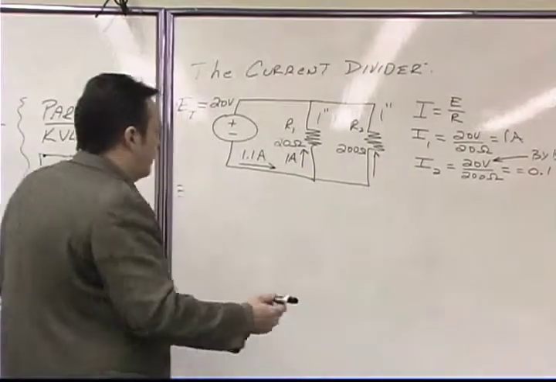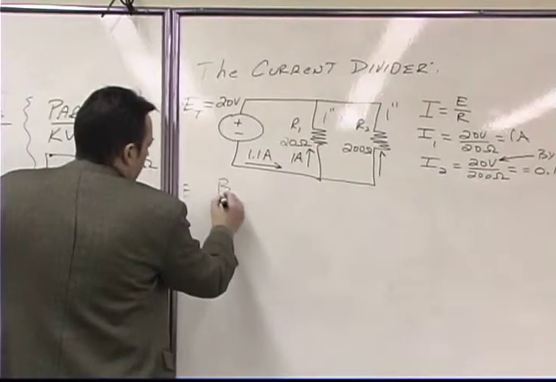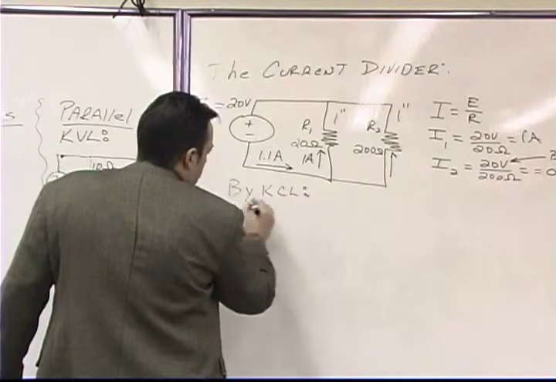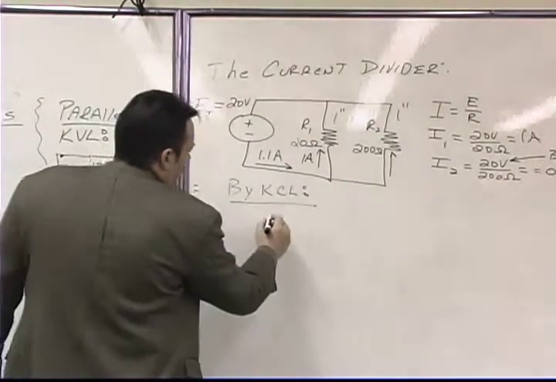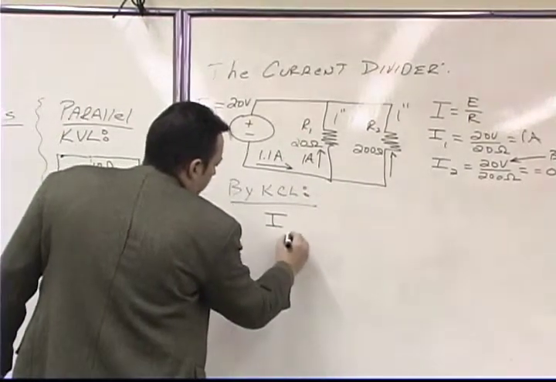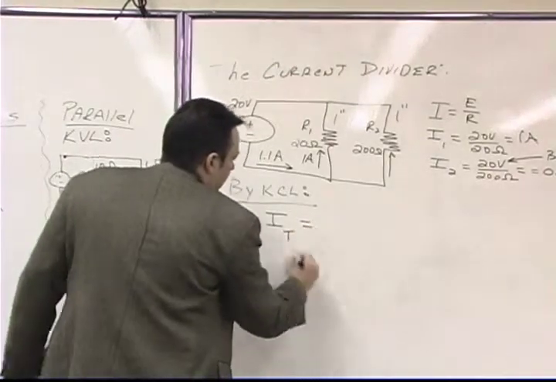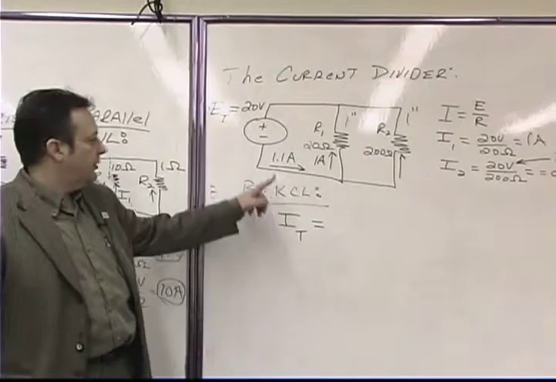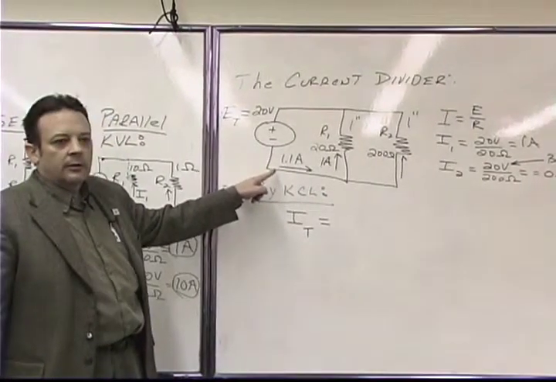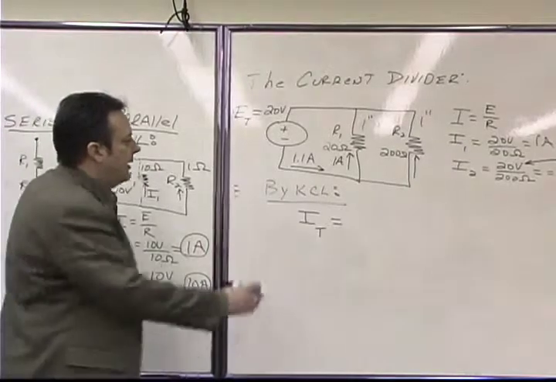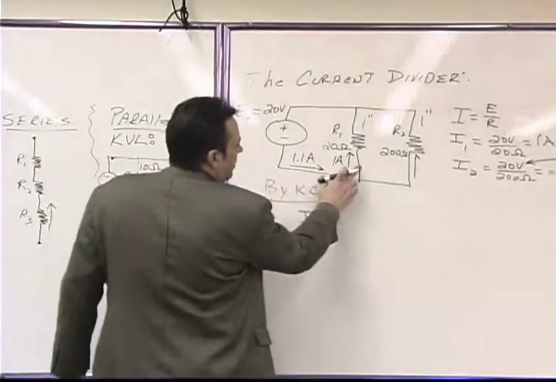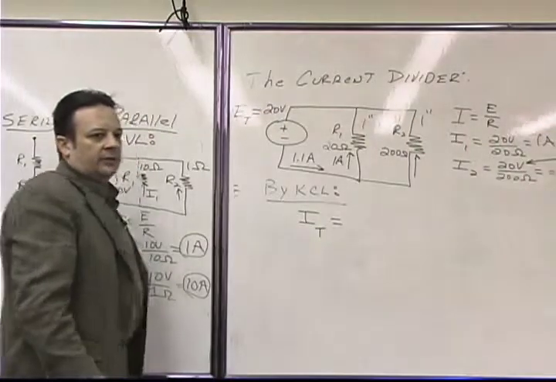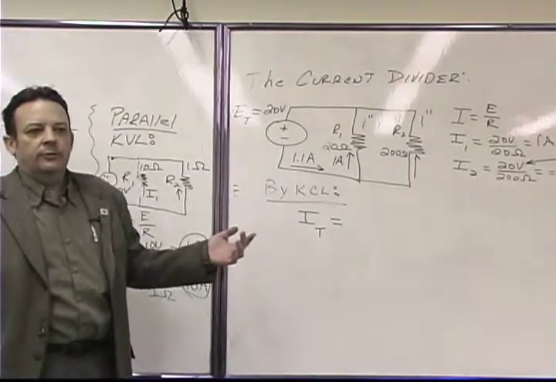And by Kirchhoff's current law, the current that's flowing from the battery, and our book likes to use I sub t for the total current, or the current that's coming out of the battery, has got to be equal to the current going in here plus the current going in here, because there's no current going anywhere else.